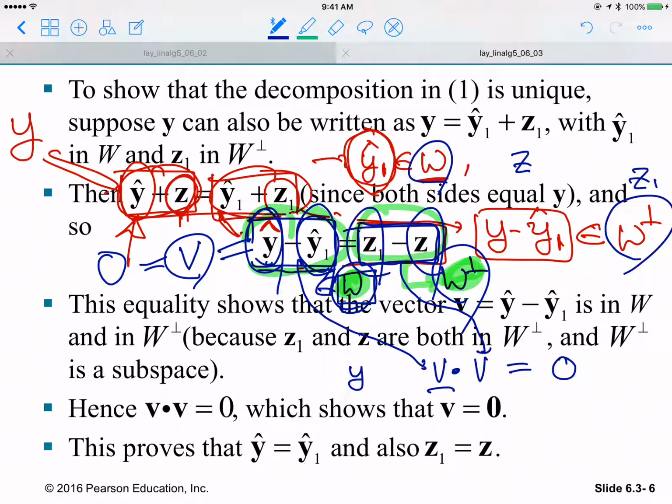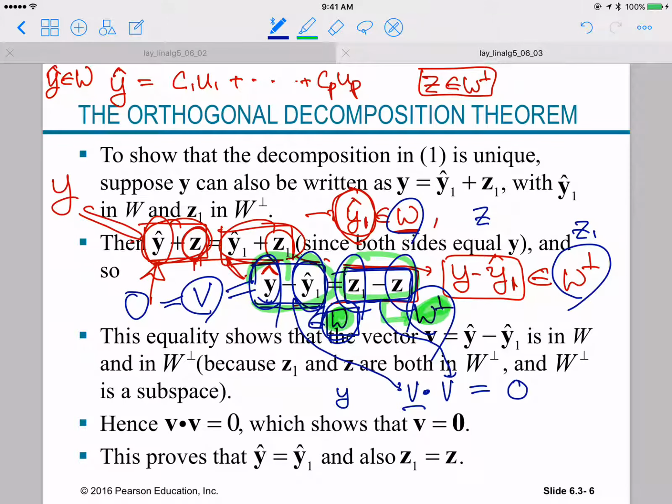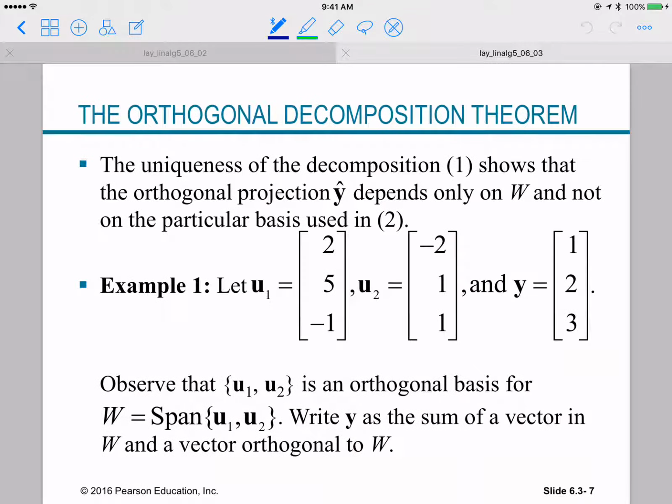So that way we proved this uniqueness. There is only one y hat and only one z vector given a particular y. So this is the uniqueness property of this orthogonal projection onto our subspace W.